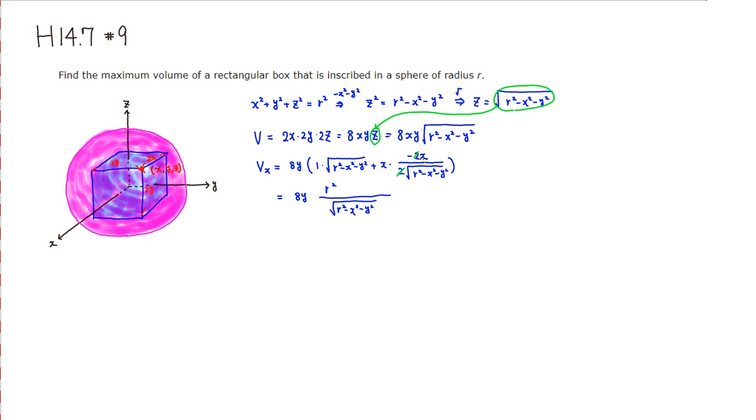Here's a negative x squared, and here's a negative x squared, so it's negative 2x squared minus y squared. We're going to set this equal to 0. Obviously we want to maximize this volume. We're not looking for x, y, z being equal to 0, since that would give no volume.